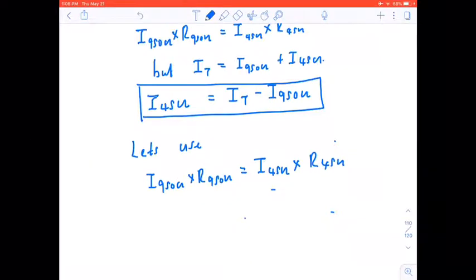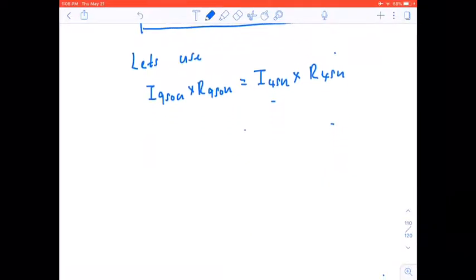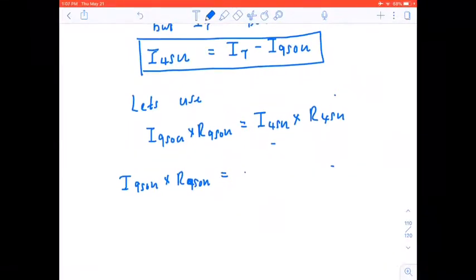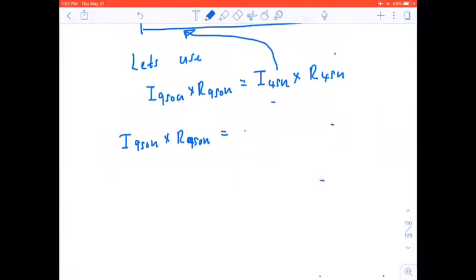So we see that I in the 45 ohm is the same as I total minus I in the 950 ohms, and that is multiplied by R 45.